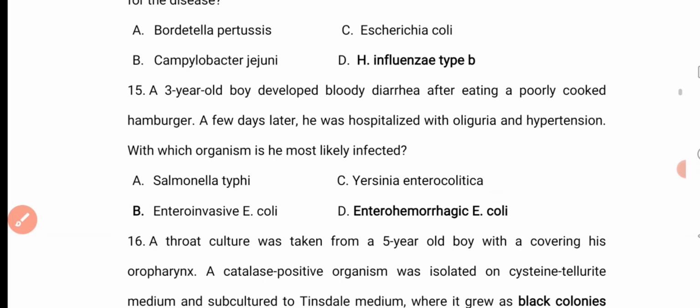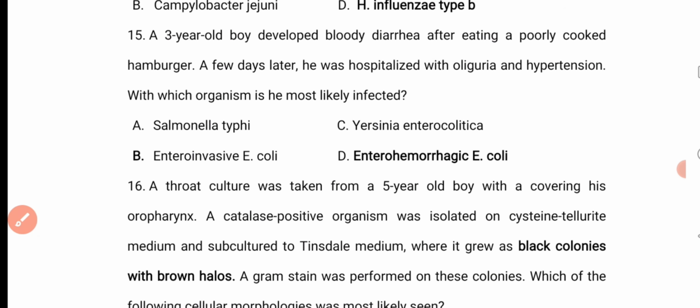The next question says, a 3-year-old boy developed bloody diarrhea after eating poorly cooked hamburger, and he was hospitalized with oliguria and hypertension. Which organism is the most likely infection? As you can see, we see what? Bloody diarrhea. The bloody diarrhea will be caused either by enteroinvasive Escherichia coli or enterohemorrhagic.